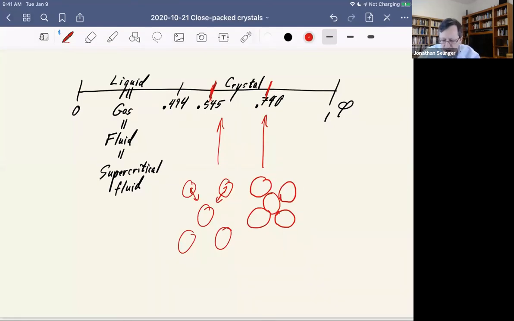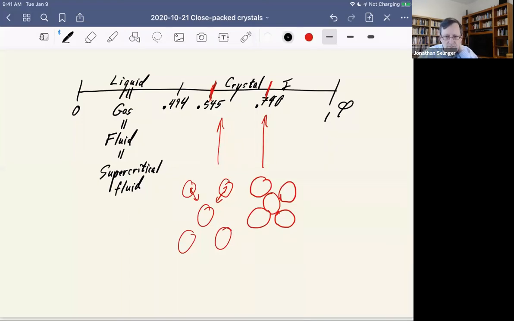Beyond 0.740... Jonathan, question, Bajaya. Let us assume we have water and ice, and before reaching the crystallization point, there will be almost no change in density.